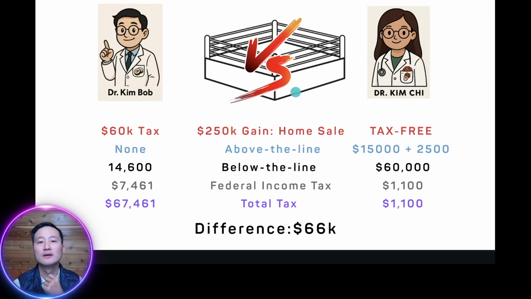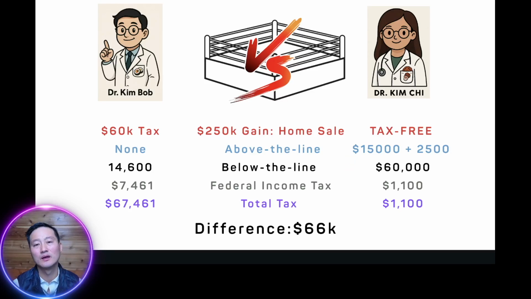It's a lot. In the right corner, we have Dr. Kimchi. She made $250,000 of gain from the sale of her house, but that gain was tax-free because she knew the rule and planned ahead. With smart strategy, she also created $17,500 in above the line deduction, and thanks to her mortgage interest, she was able to itemize $60,000 in below the line deduction.